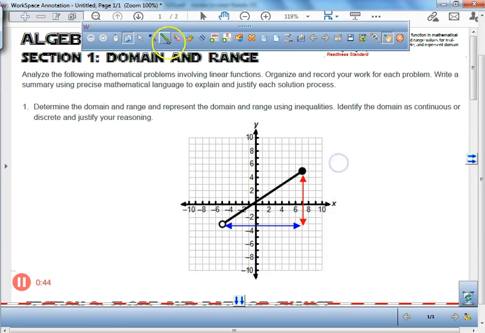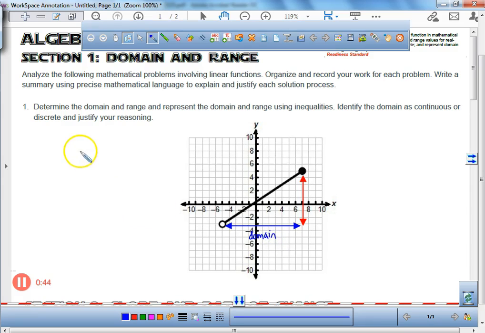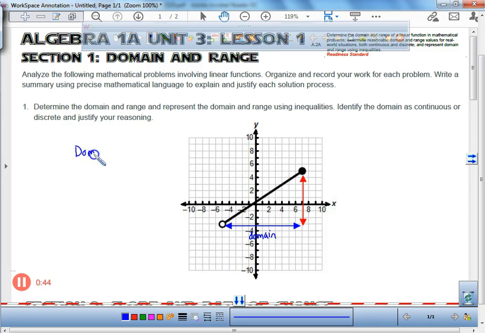All right. So if you were to draw this picture, if you're taking notes, this right here represents your domain. So I'm going to write the word domain. Remember, the domain deals with the set of your x values from left to right. And then right here, this is the range.